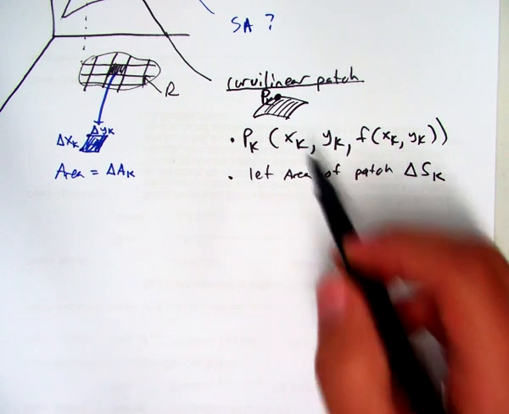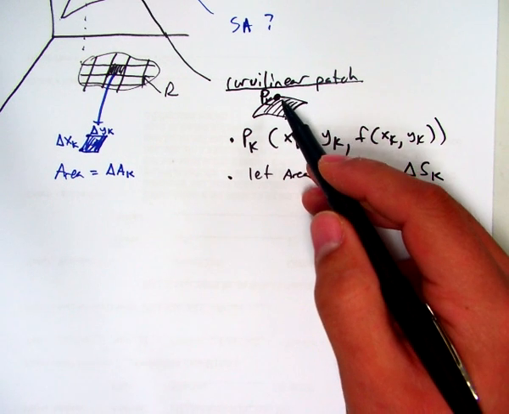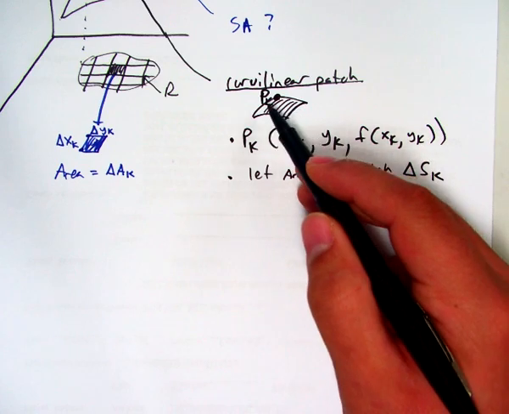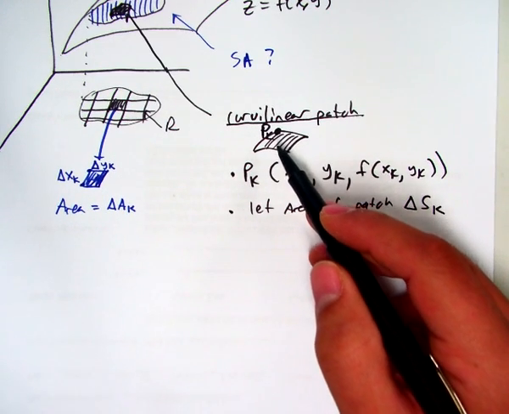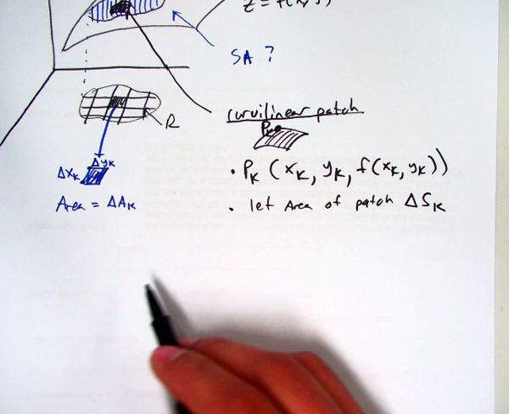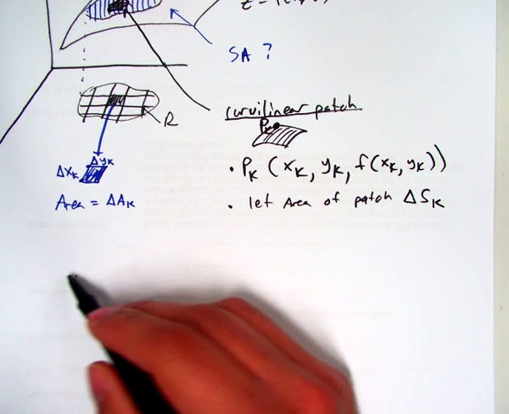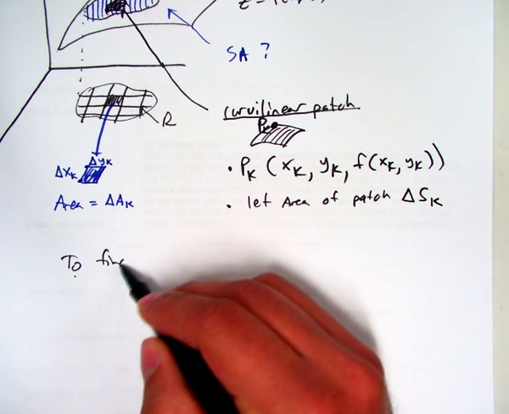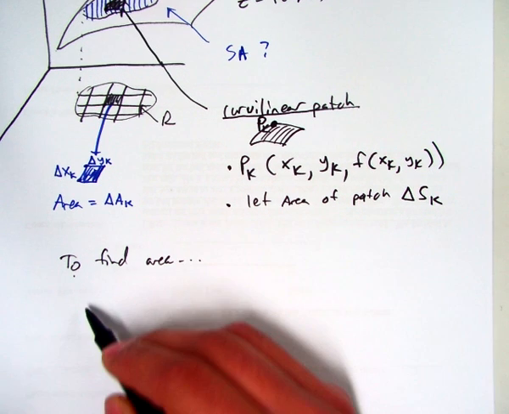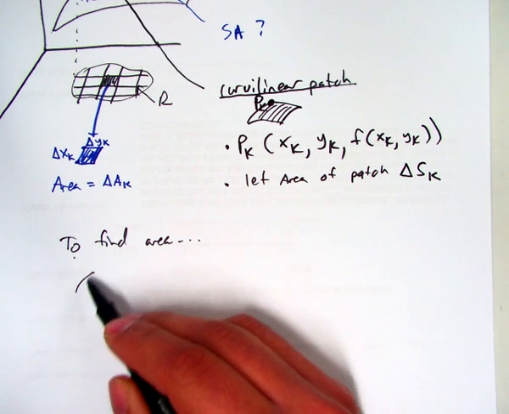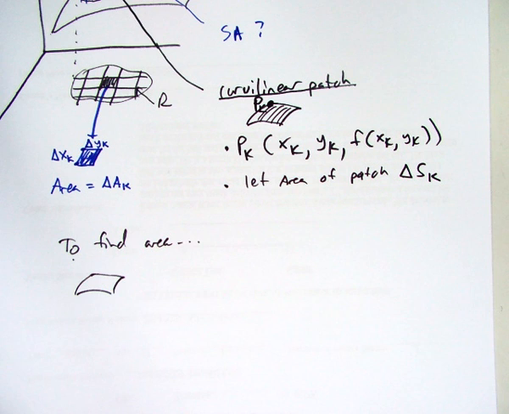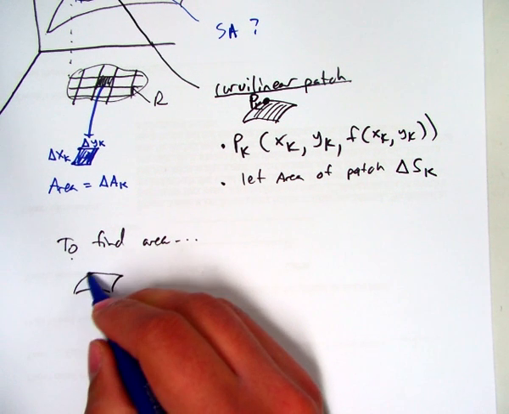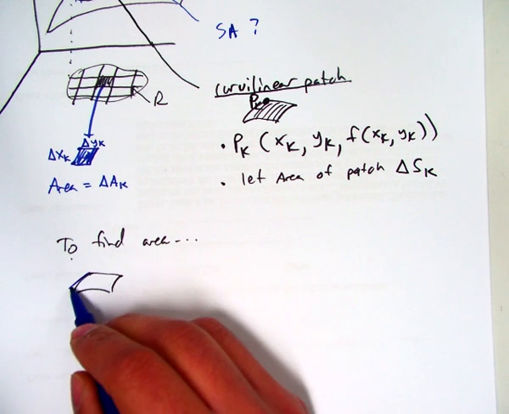Okay, so we can't directly find the area of every single one of these little patches up here, mostly because they're not parallelograms or they're not rectangles. So the idea is that we're going to, let's write this down. So define area, we'll take a look at the patch, but instead what we'll do is find a little tangent plane.